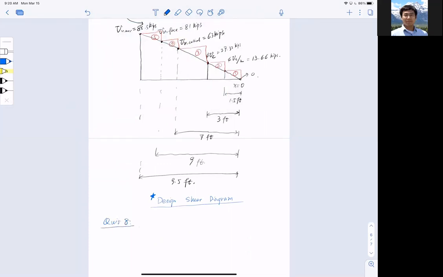for our quiz, and this is for you, I want us to provide stirrup spacing for these 5 regions.